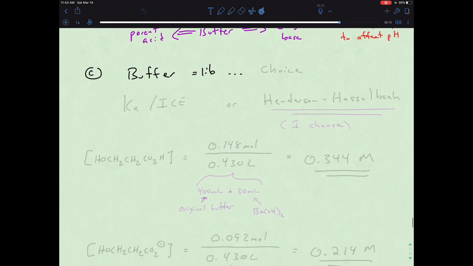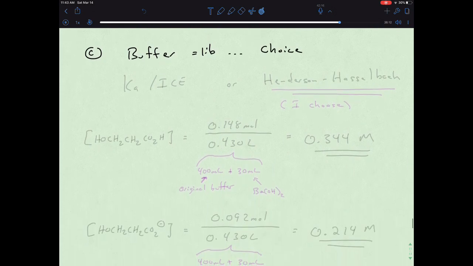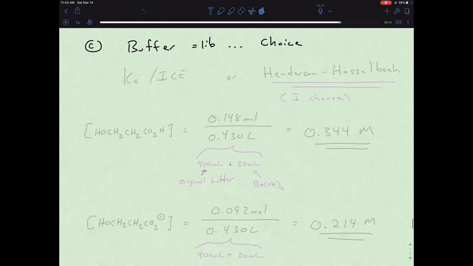So you have, again, this idea of a choice. You could choose Ka, ice table, or you could use the Henderson Hasselbalch equation.